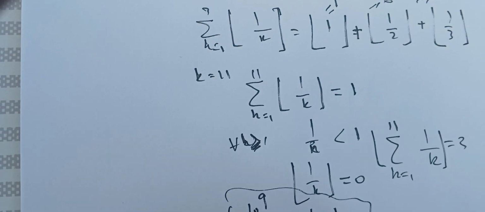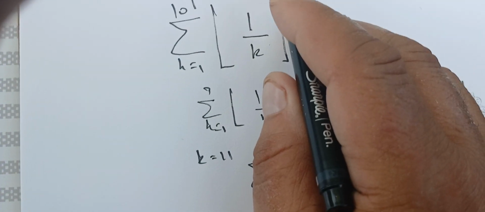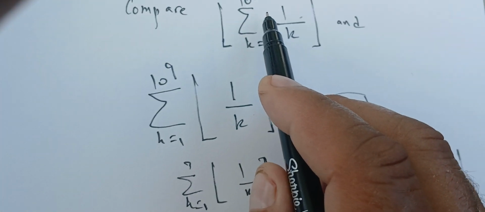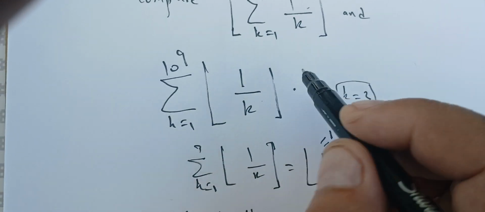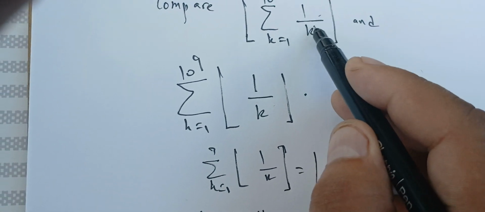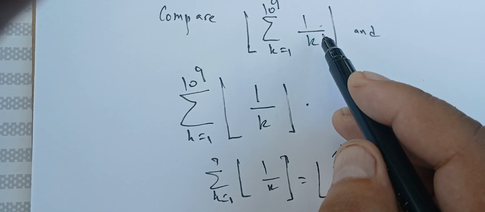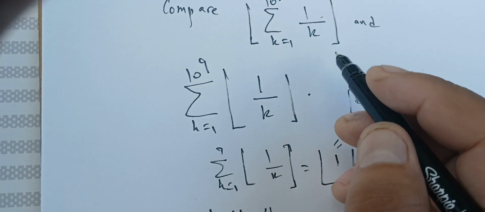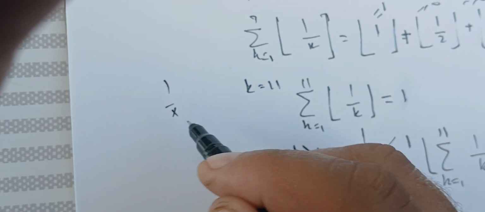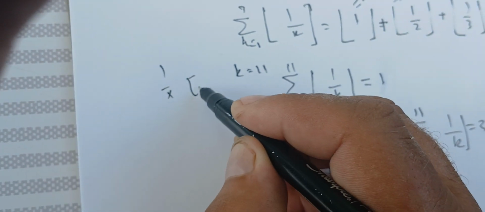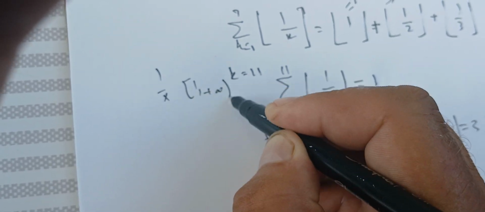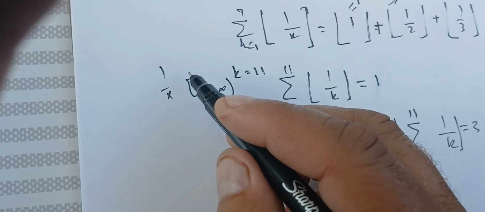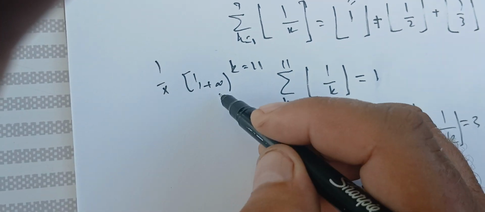Moreover, we can see using integration that the sum of this series, since 10 to the power 9 is too big, so we can think of this one as positive, decreasing. And if we think of the function as 1 over x, defined on 1 to plus infinity, it's positive, continuous, and decreasing.